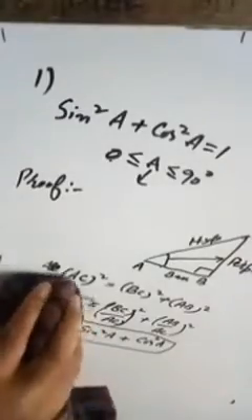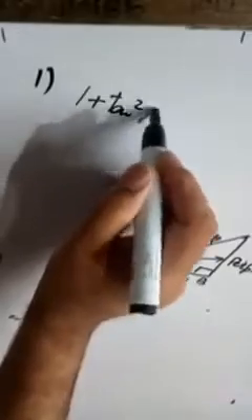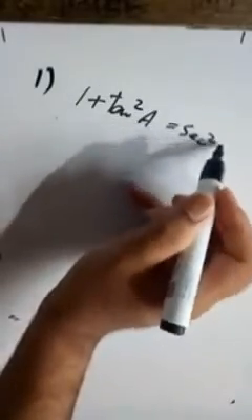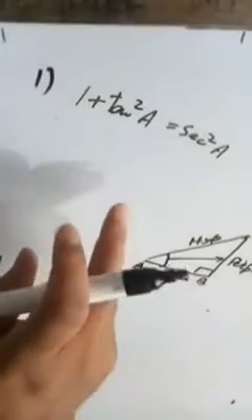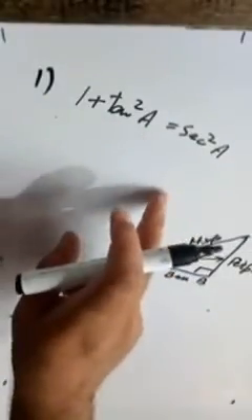Now we will go on to the second identity, which is 1 plus tan square A is equal to sec square A. I will write here 1 plus tan square A is equal to sec square A. This is the second identity, and you have to remember that in this identity also we have to select the angle from 0 to 90 degrees.